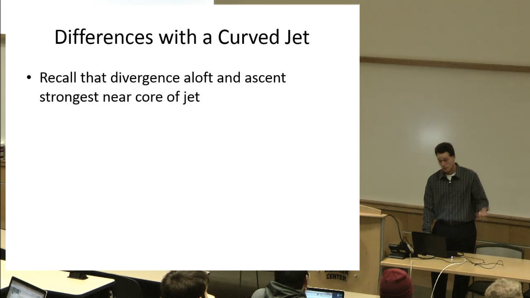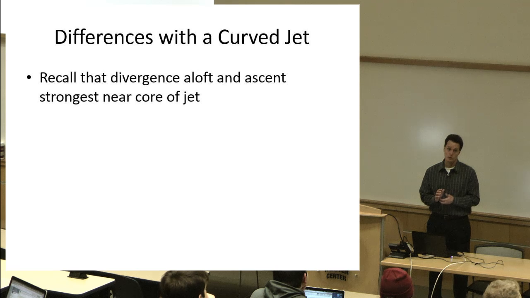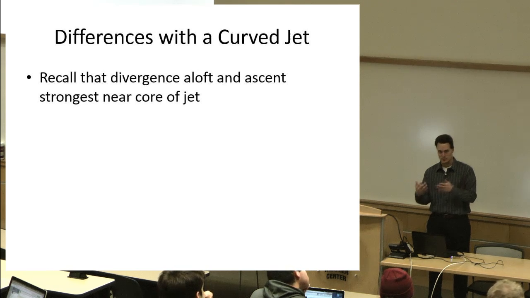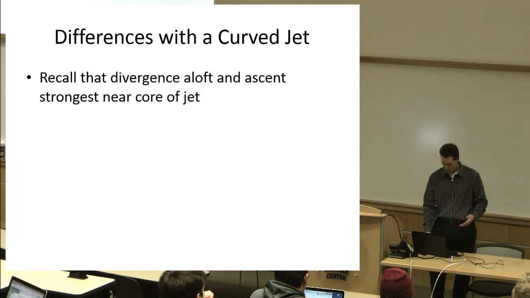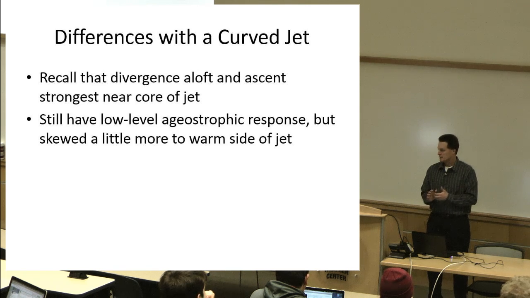All right, differences with a curved jet. Again, the divergence aloft and the ascent are stronger near the jet core, and it actually spills over a little bit into the right front quadrant, or what you might call that. And you have the low-level response, but again, it's skewed a little more toward the warm side of the jet. Where is it usually more unstable? That direction.